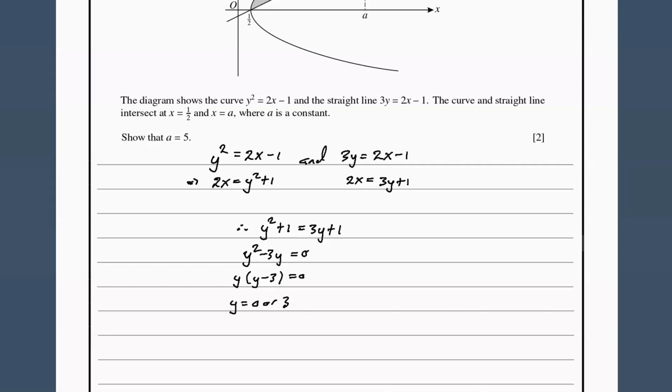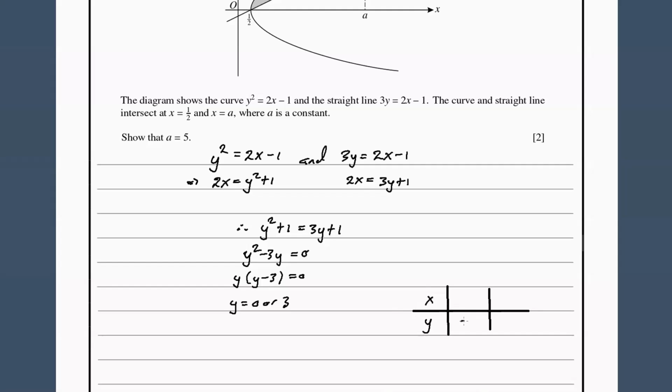All right, now when we have these two values of y, we also need to find the corresponding values of x. So let's have a small table here to put in the values. We have x and we have y.